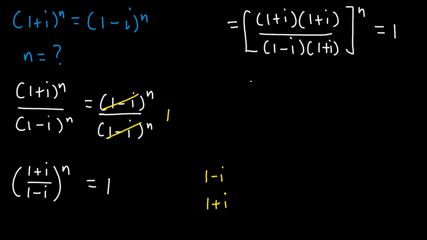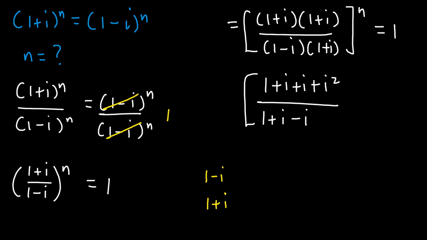And if we expand this, we shall have 1 times 1, which is 1, plus i, plus i squared, divided by, now this will also be 1, plus i, minus i, minus i squared, raised to the power of n, equaling 1.